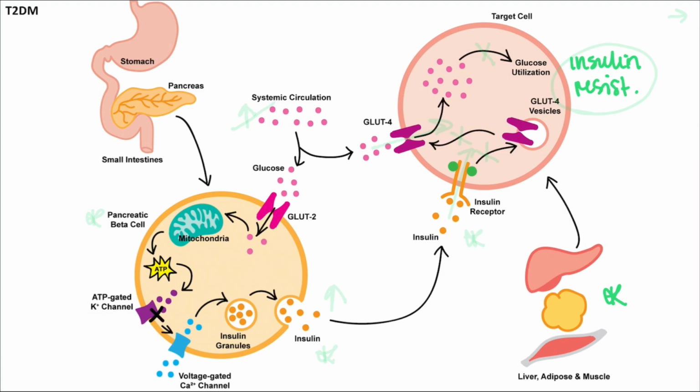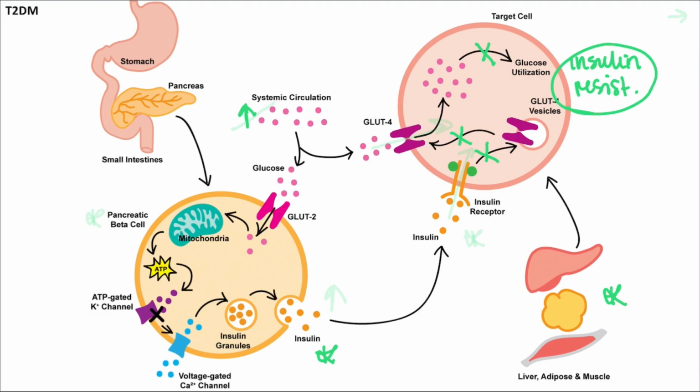So because of this insulin resistance, the normal amount of insulin released has a much more difficult time activating its respective receptors to trigger that GLUT4 insertion and downstream glucose utilization, as well as other insulin-related effects, because the targets are just less responsive.